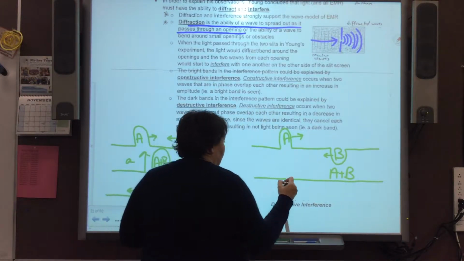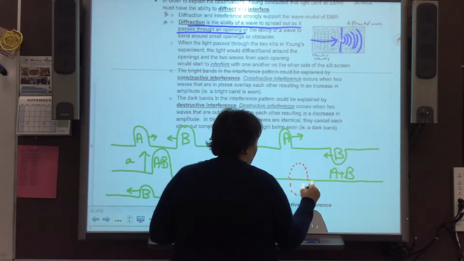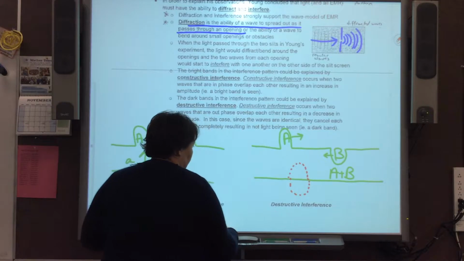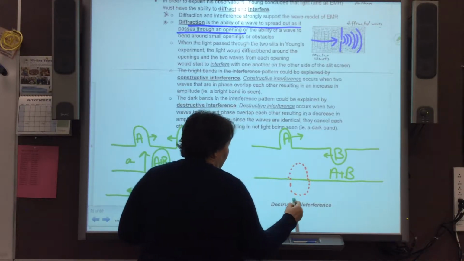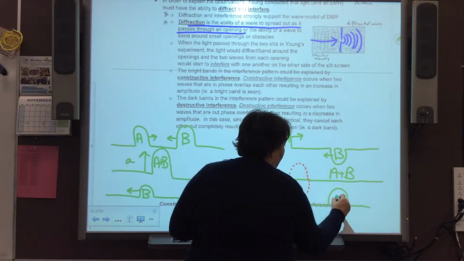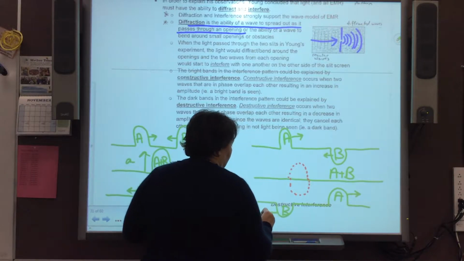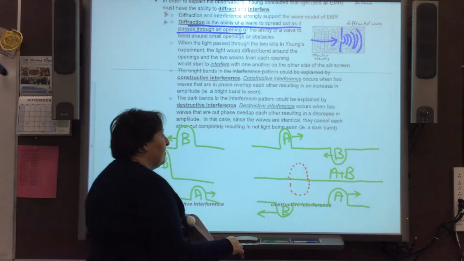What it looks like is wave A and wave B. Okay? And then again they continue on their way, A traveling in this direction and B traveling in this direction.